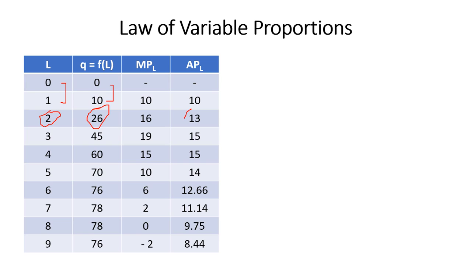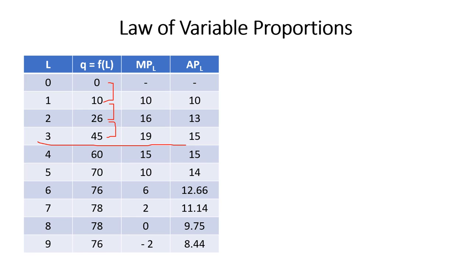Here we can see that initially, by employing more and more laborers, the output is increasing and the increase each time is larger. This happens till the third unit of labor. The reason for this is that the plant is very large and the initial number of laborers, 1, 2 or even 3, are not able to fully utilize the plant.